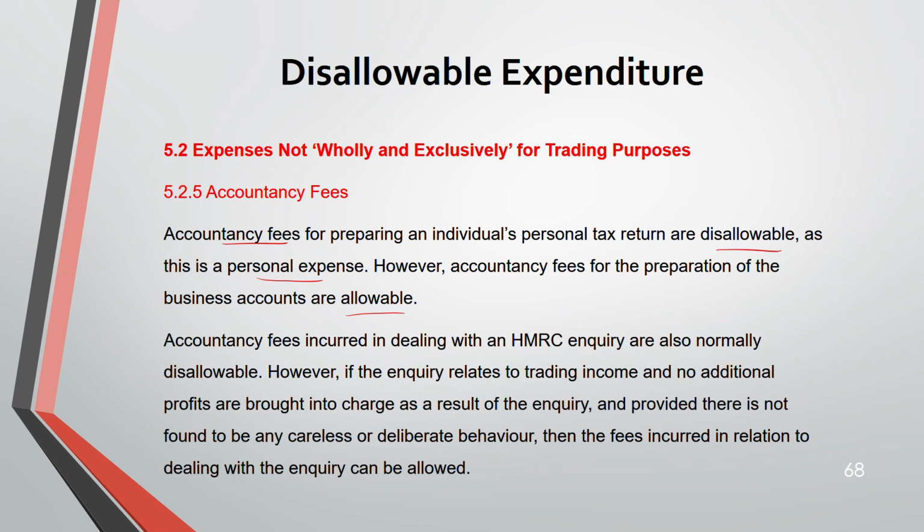Now, accounting fees incurred in dealing with an HMRC inquiry are normally disallowable. But if the inquiry relates to trading income and there is no additional profit brought into charge as a result of the inquiry, then it is allowed. And remember, you are not to be found guilty of careless or deliberate behavior.